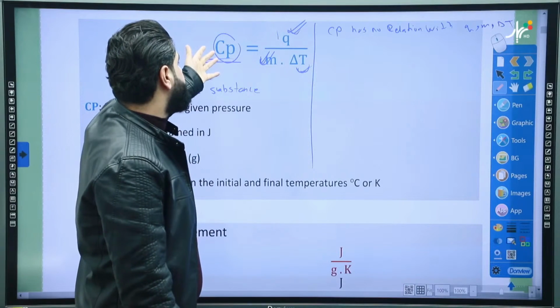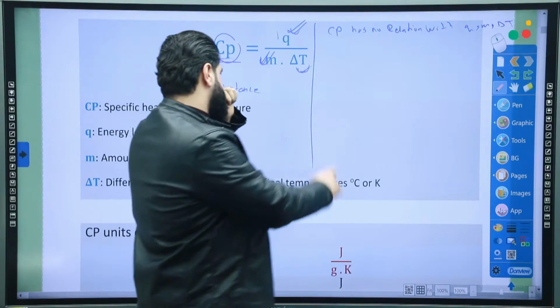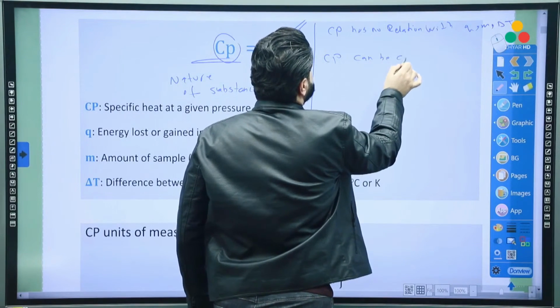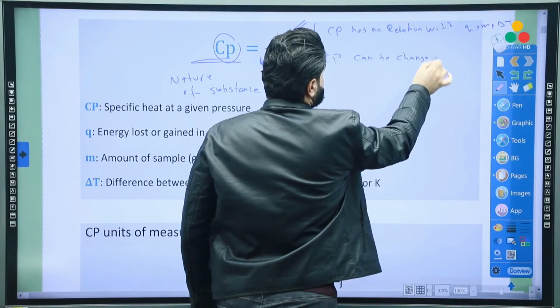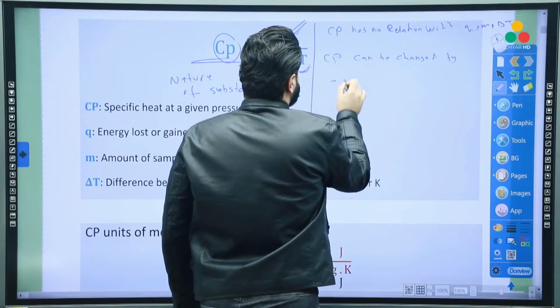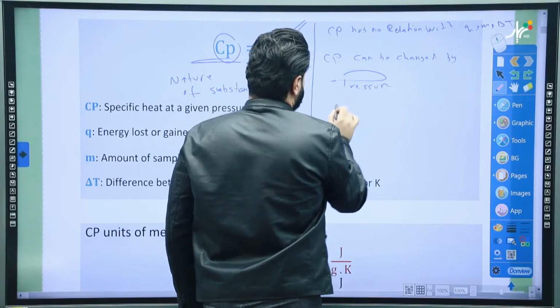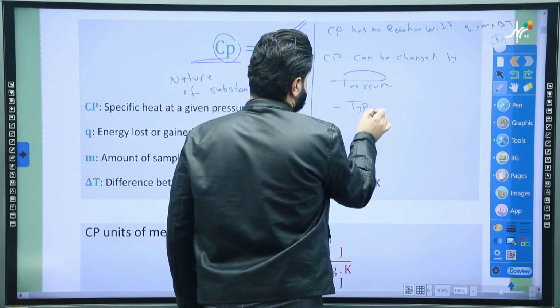So what factor can influence Cp? Cp can be changed by pressure and type of substance.